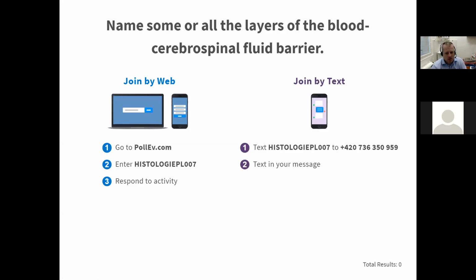So are there some cells that are separating the blood from the cerebrospinal fluid? Well, these two fluids have a different chemical composition. The doctors should be aware of this. So we definitely expect our students to understand which microscopic layers are between these two fluids.